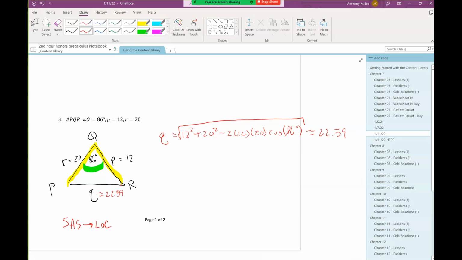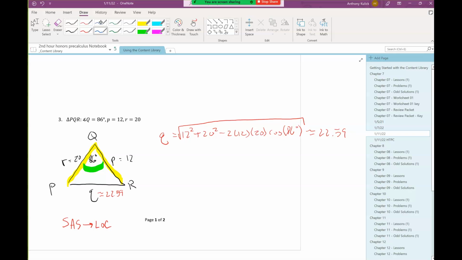Now I'm going to use the law of sines to either solve for angle P or angle R. Does it make a difference which one I do first? Yes, if we want to keep our life simple, because I'm a simple guy.